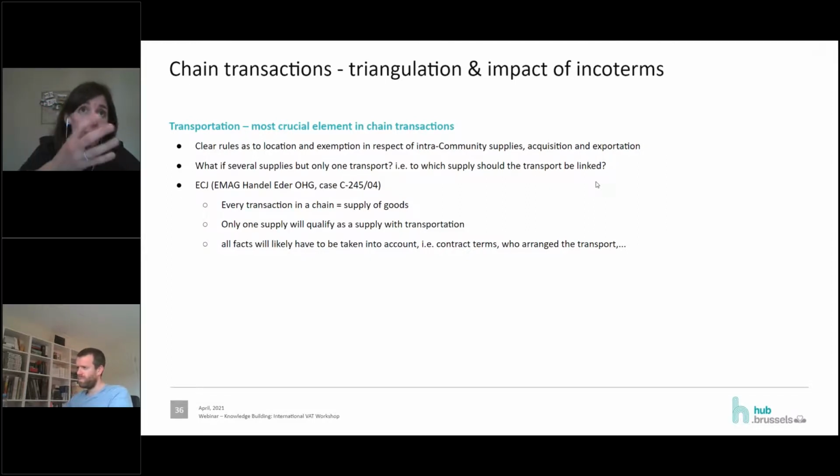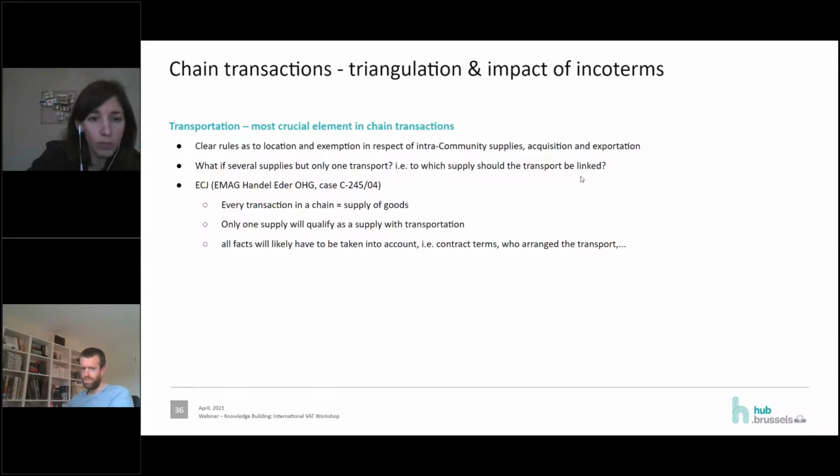In fact, each supply is to be considered as a supply of goods, but there's only one supply which will qualify as a supply with transportation. And for that, we need to take into account all the facts, contract terms, who arranges the transport, who pays the invoice from the transport company.